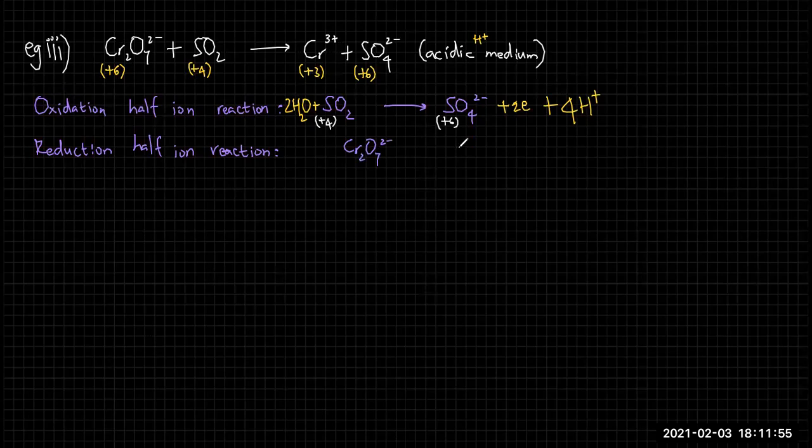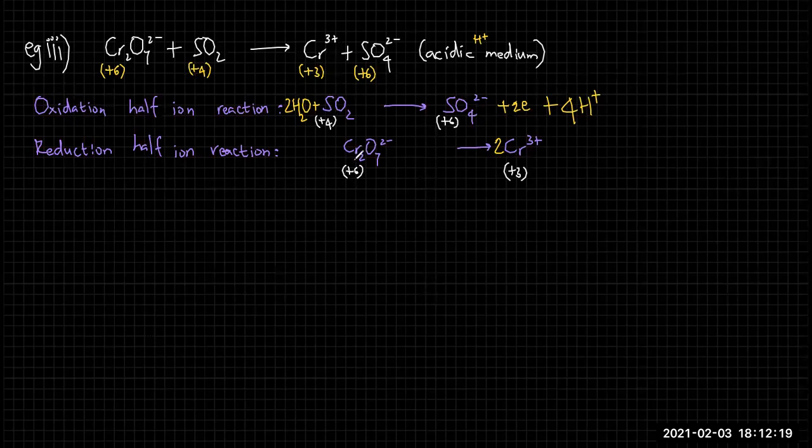Dichromate, it's becoming Cr3 plus. And chromium here is plus 6, the oxidation number, and here chromium is plus 3. First and foremost, you need to balance the chromium atoms. Now here we have 2 chromium atoms. Here you add a 2 to balance it off, first of all. Earlier, we didn't have that problem, 1 sulfur, but here you have to be careful.